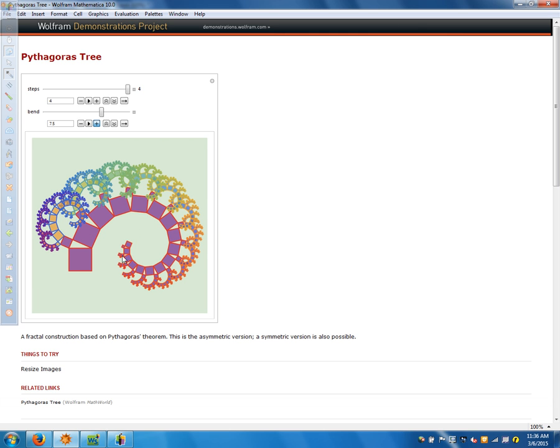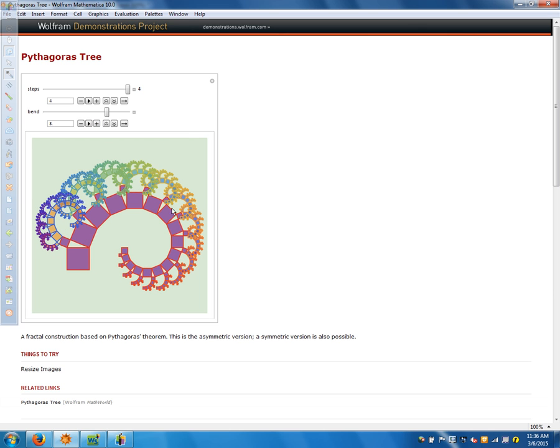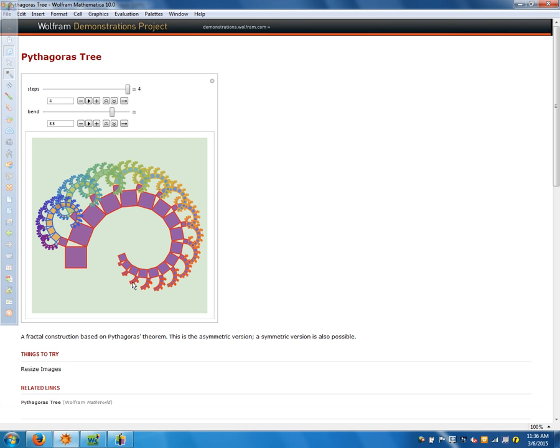And it just keeps adding more and more of the squares and triangles on the sides of the other squares and other triangles. So that's called the Pythagorean tree or the Pythagoras tree.